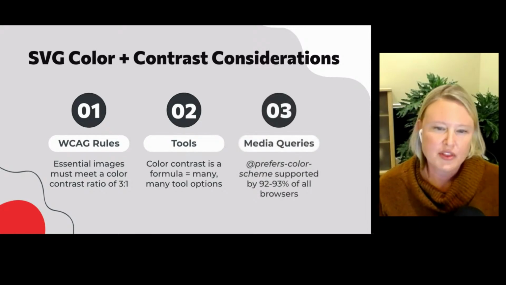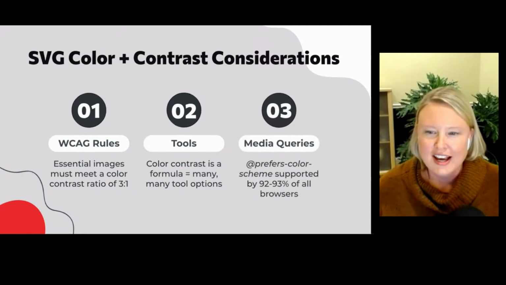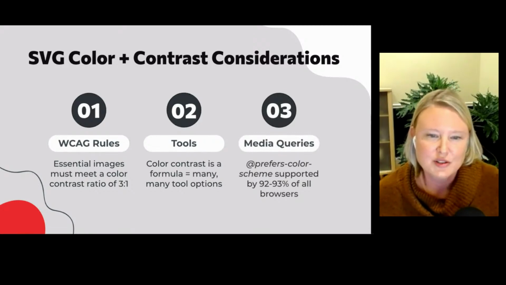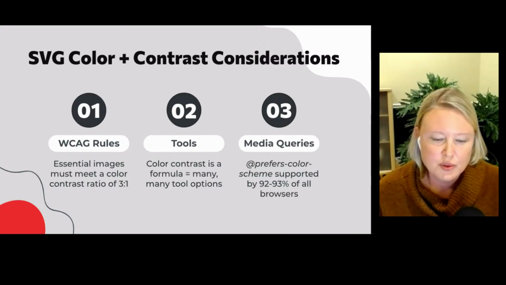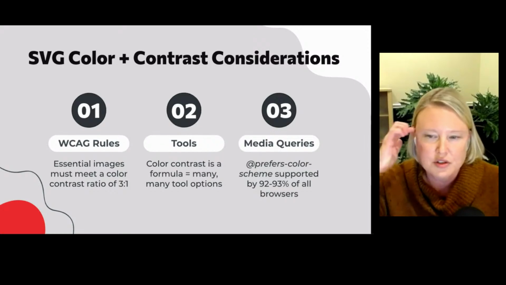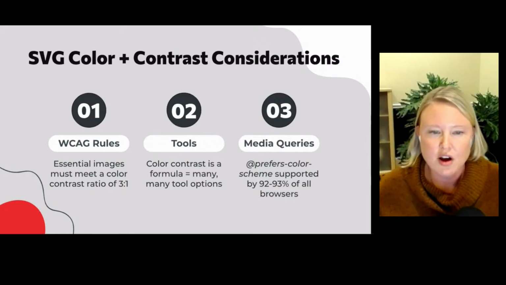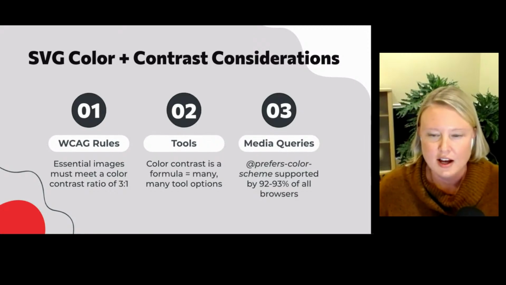The one really cool thing, and we will talk about that inside of that step 3, is prefers color scheme. And that's supported by 92 to 93% of all browsers. The really cool thing about that, and I'll show you a demo real quick, is that it's highly supported, but it's also giving your users an alternative experience. We see it a lot.